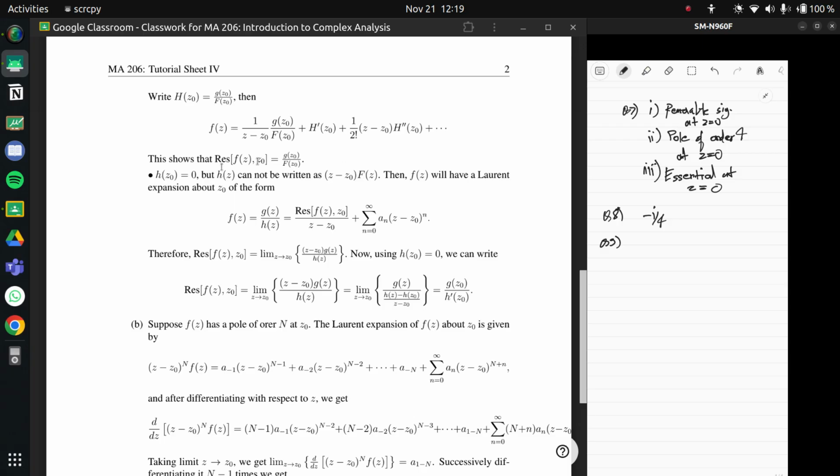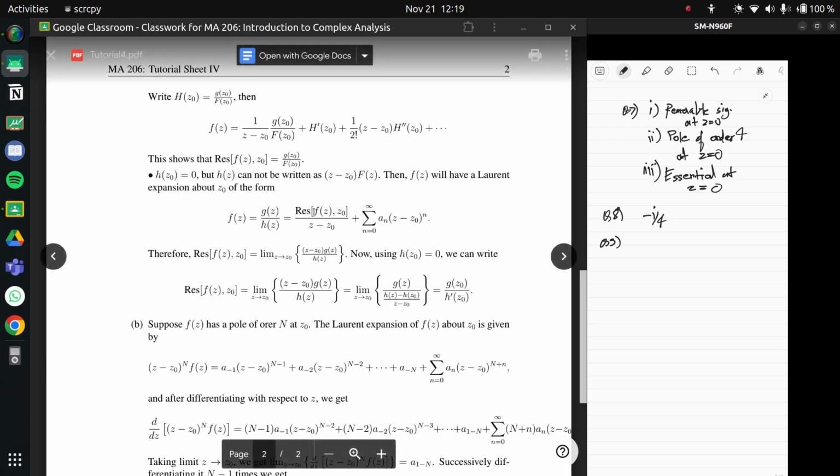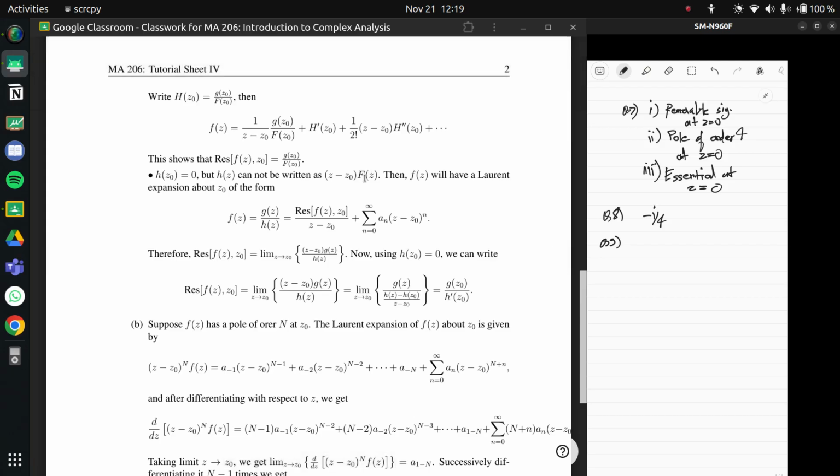Yep, you can write a Taylor expansion around z naught. So in that case, your f is just all the terms which have z minus z naught to a power bigger than 0, and that divided by z minus z naught, obviously. But yes, because your constant term is just 0.